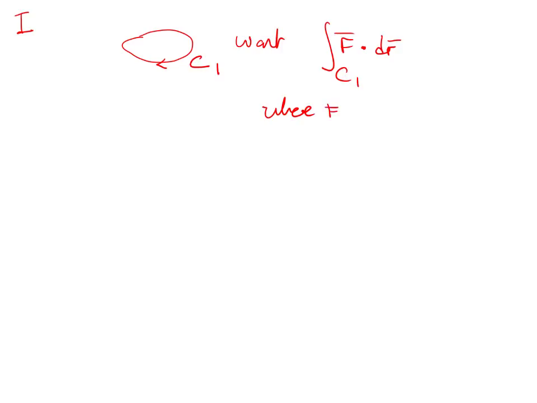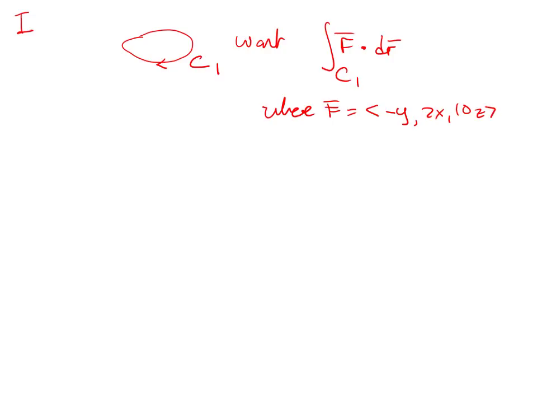Okay, so in the first integral, I'm just interested in this very simple curve, C1 in the xy plane. It's just a unit circle oriented clockwise. And I want the work. So I could do this directly. I mean, my vector field F is not so bad. It has components minus y, 2x, and z.